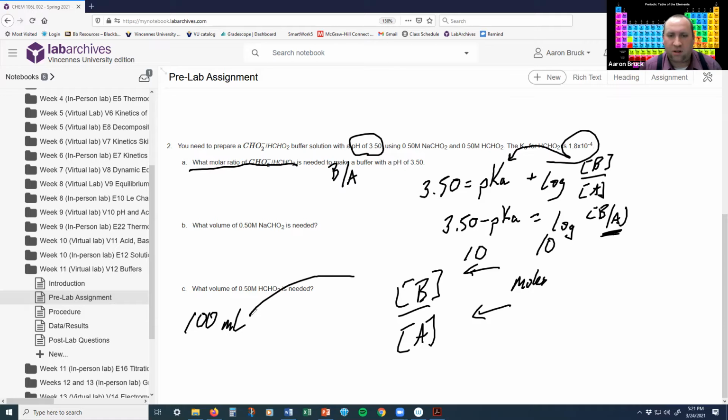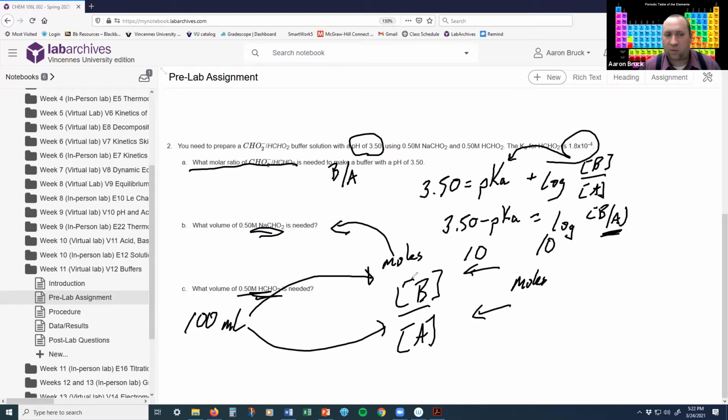If 100 milliliters are necessary, how many moles of B do I need? How much of the solution do I need to give me that many moles? How many moles of A do I need? How much of the solution do I need to get me there? That's the way to handle this one.